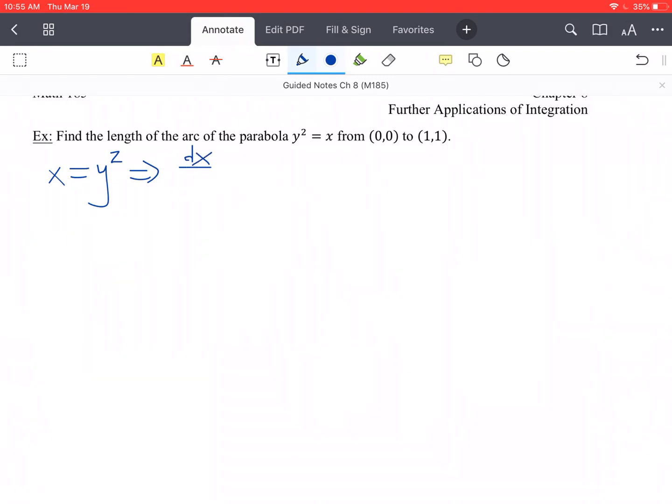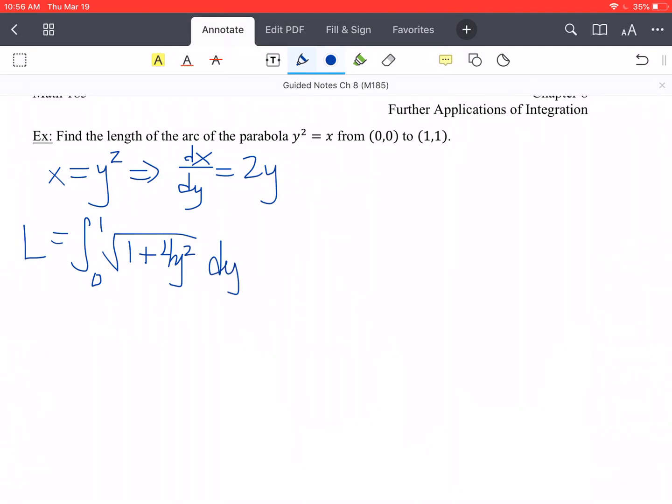So dx dy is just going to be 2y. So L, our arc length, is going to be the integral from 0 to 1 of the square root of 1 plus the derivative squared. So that would be 4y squared dy.